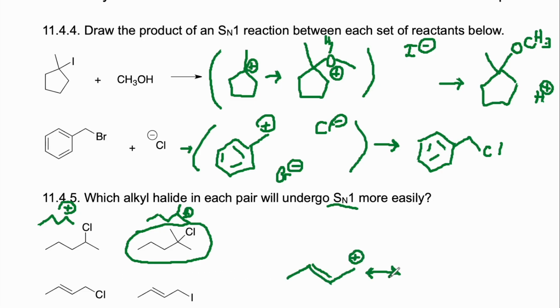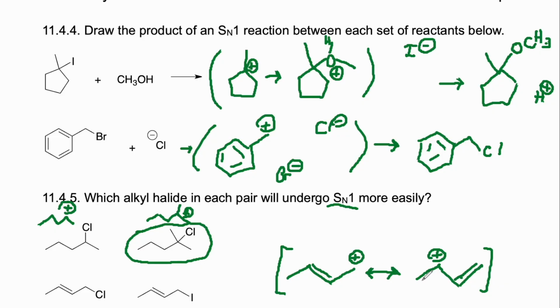For this second example, we have an allylic halide, and so this is going to form an allylic cation when the halide leaves. It looks not so great to begin with because it looks like a primary cation, but remember there's delocalization, and so that stabilizes even a primary cation fairly significantly.